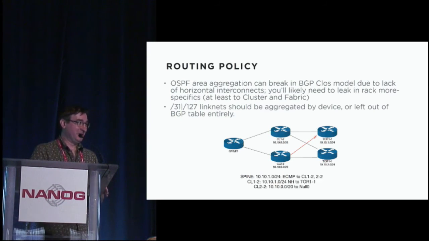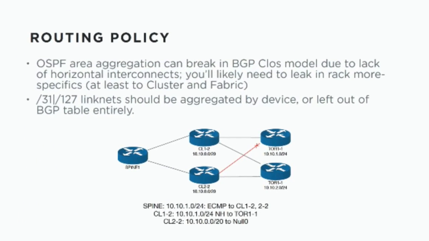Aggregation is going to be an interesting one because the assumptions that you can make between OSPF and BGP are going to be different as far as where you can aggregate networks, particularly if you're going into a Clos model. In our previous cluster, there were crosslinks between cluster devices which are not going to be present in a Clos model because you have to be able to scale wider.